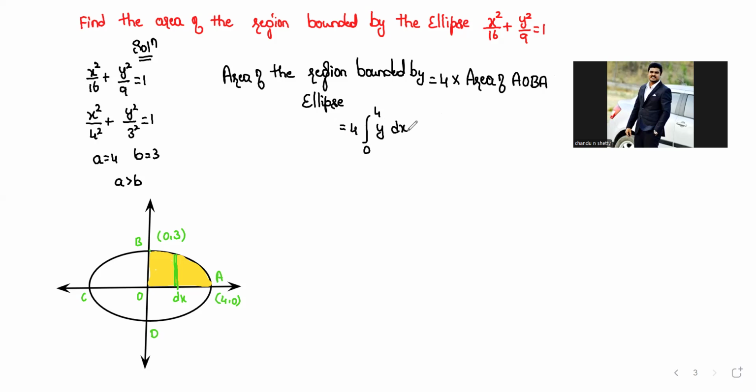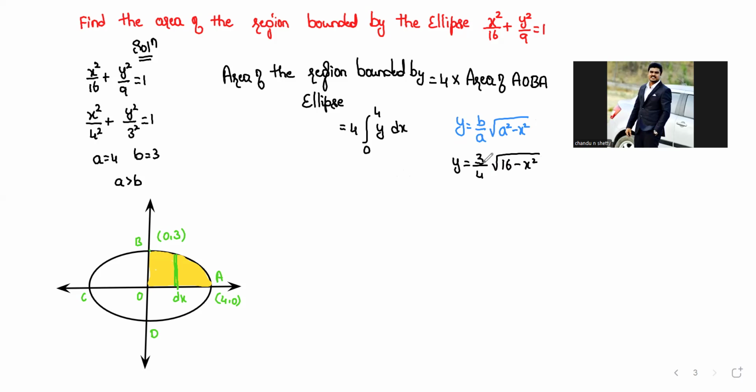Sir, now how do we convert this equation into a y value? In the previous class I explained it to you. So what is that? y equals b by a times the square root of a square minus x square. Okay, so all of you should observe, y equals: the b value we have is 3, and the a value we have is 4, and again square root of a square means 16 minus x square.